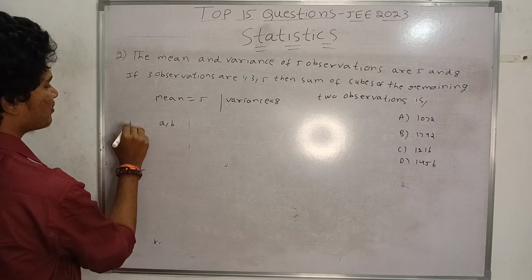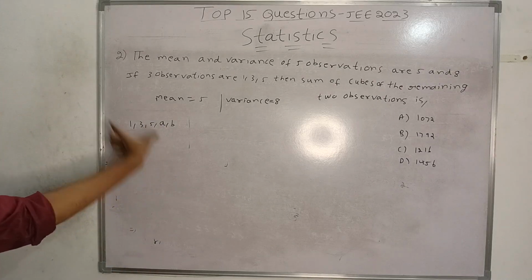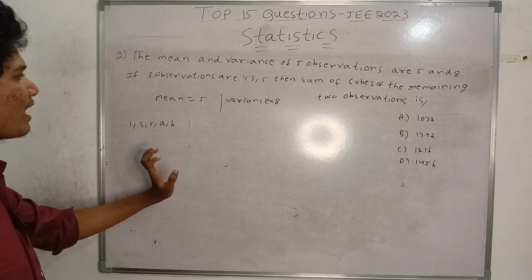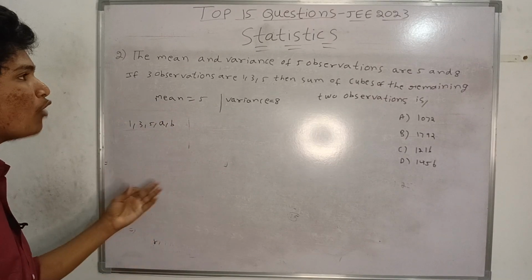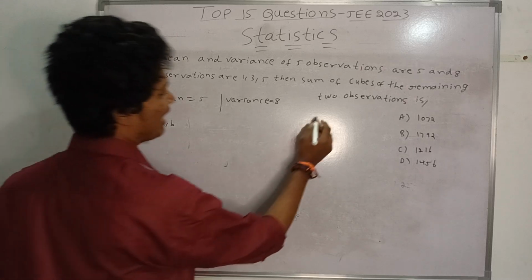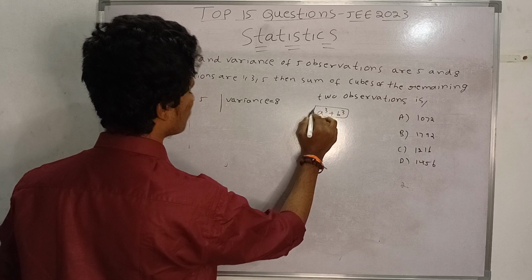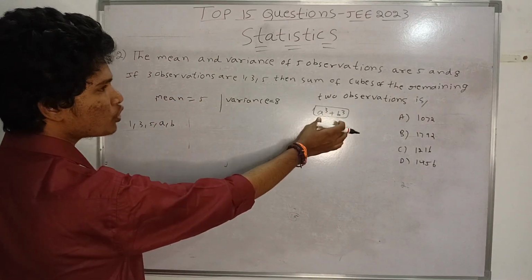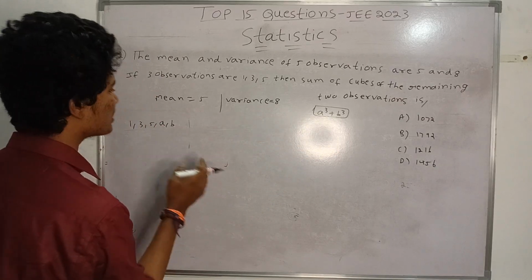So the 5 observations will be 1, 3, 5 and a, b. For these 5 observations we got mean equal to 5 and variance equal to 8. Now they are asking, a and b are unknown terms, and we have to find a cube plus b cube. How to find it? There are 2 unknowns, so we have 2 equations for them.